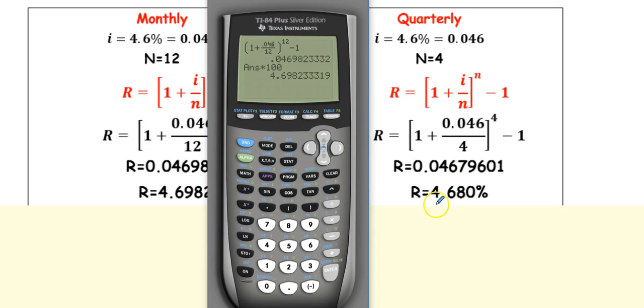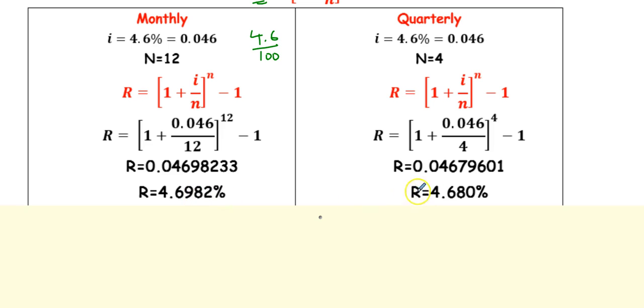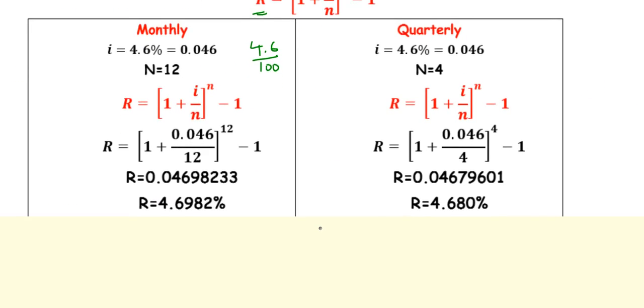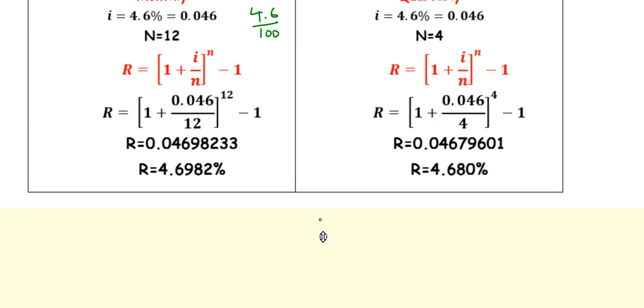Your answer is going to be 4.680%. So these are the two different effective annual rates of interest. So that's the first part.